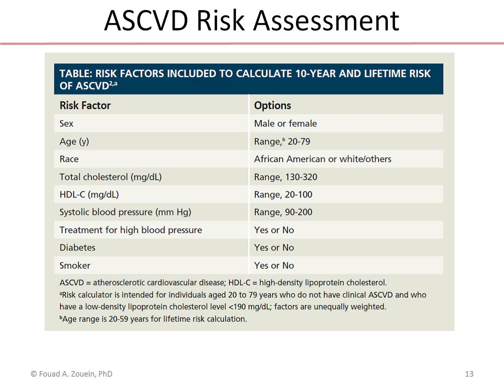So the age range in calculating the 10-year risk assessment is between 20 and 79, but in calculation of lifetime risk assessment, it's between 20 and 59 years. The race, basically related to genetic background. For instance, African Americans are known to have higher risk of cardiovascular disease development when compared to white and other races. Cholesterol levels, of course, you look at total cholesterol and HDL levels.